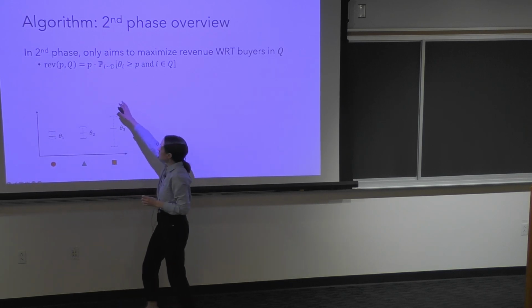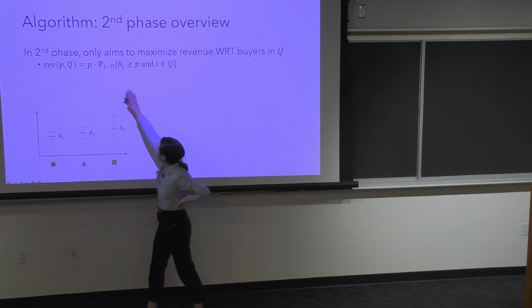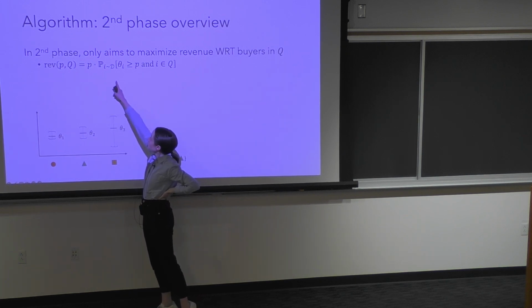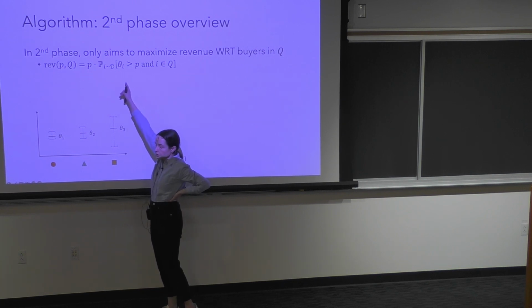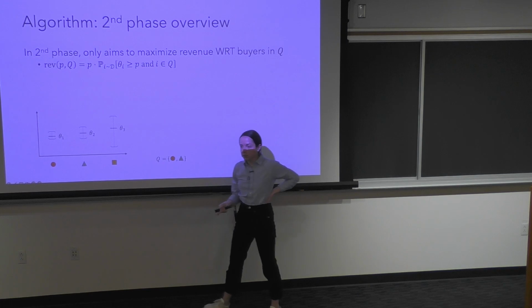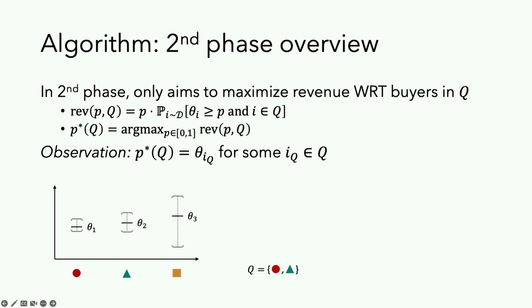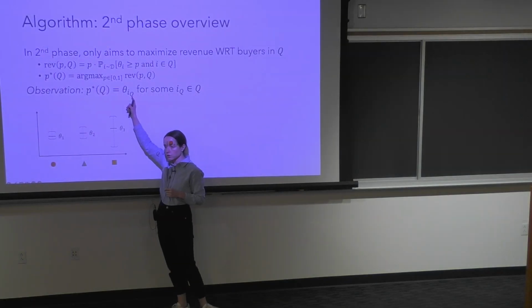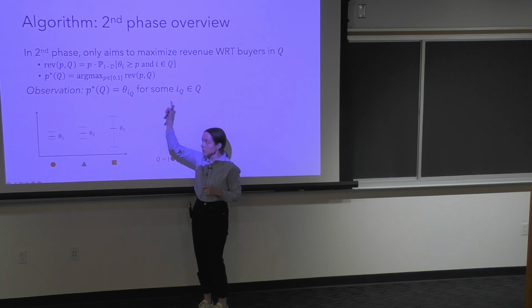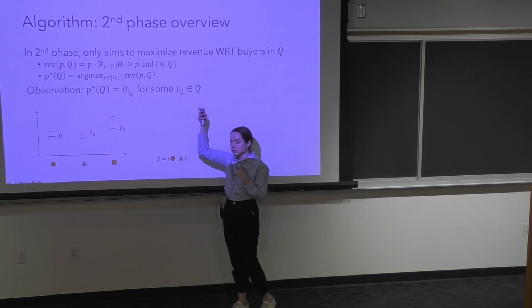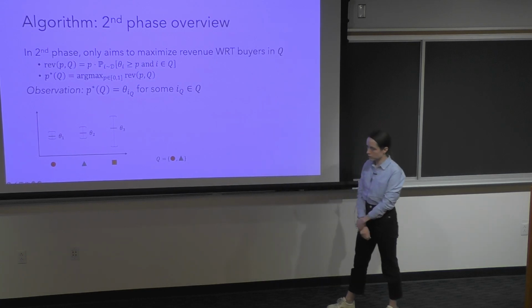I'm going to say Rev(P, Q) is the revenue of the price P. So it's going to be P times the probability that an agent's ex ante value is above the price and that agent's type is in Q. So this is basically the expected revenue restricted to agents in Q. And we're going to say P*(Q) is the optimal price when we're just optimizing revenue with respect to these relatively frequent types in Q. And I'm just going to use this observation that this P*(Q) is actually going to equal the ex ante value of some agent who is actually in Q, so some agent who appears relatively frequently. That's just how the math works out.